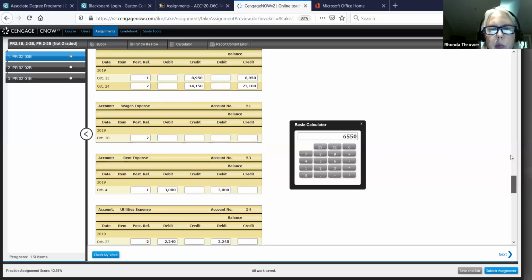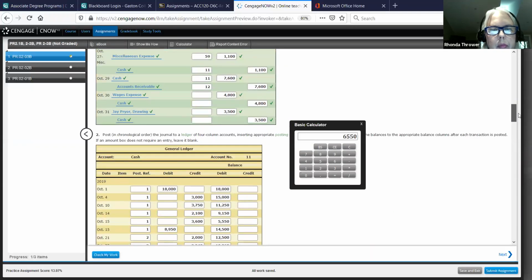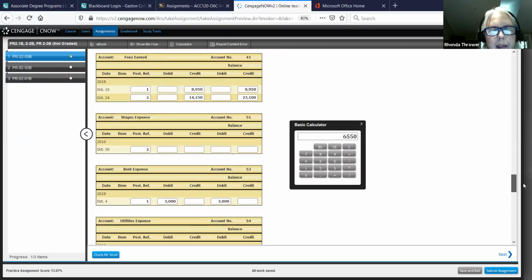And wages expense went up by $4,800. It's an expense, so it should have a debit balance. The balance is on the side of the increase.